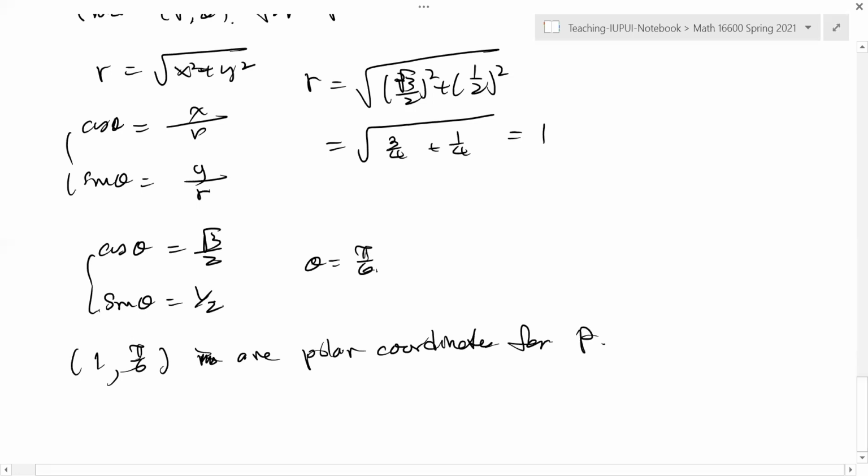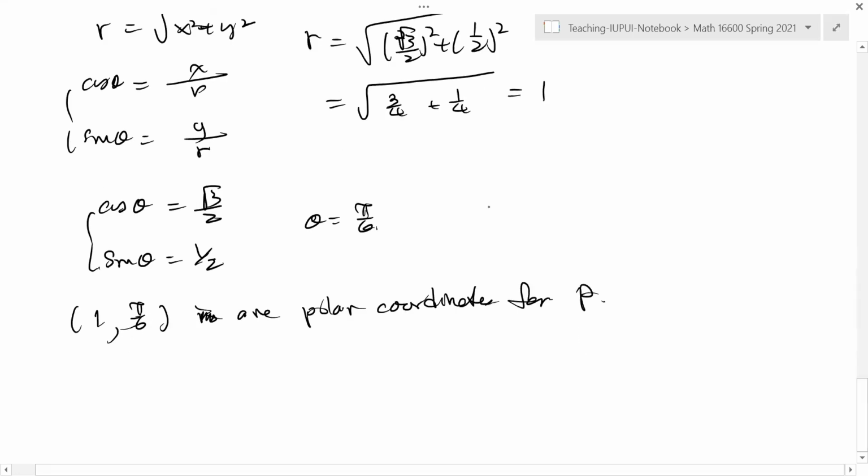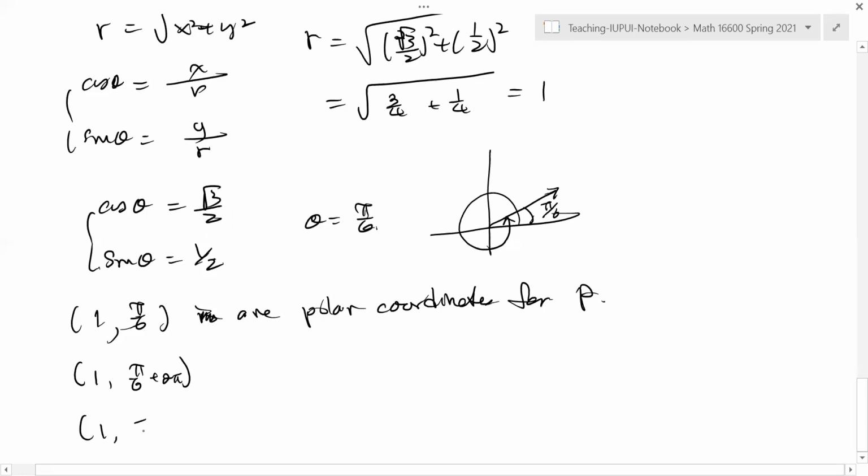But this is not unique. I just said that this angle is pi over 6, and I can rotate this coming back, so pi over 6 plus 2 pi is still the same point. Then I can also look at pi over 6 minus 2 pi, which is going to be negative 11 pi over 6.